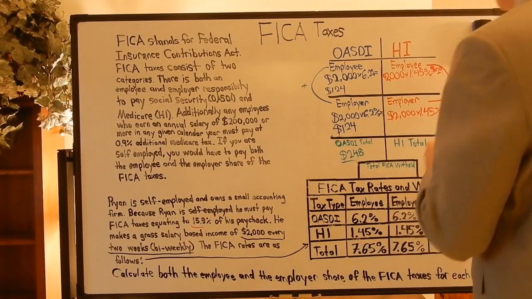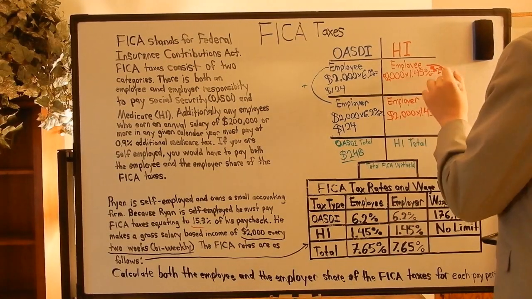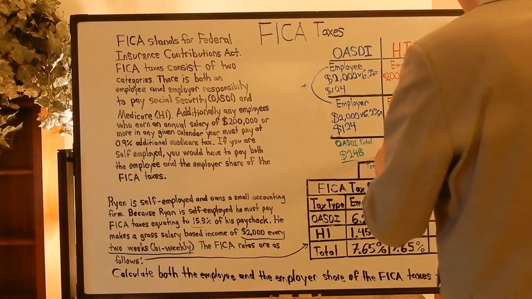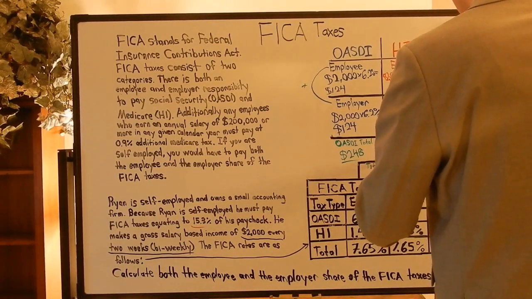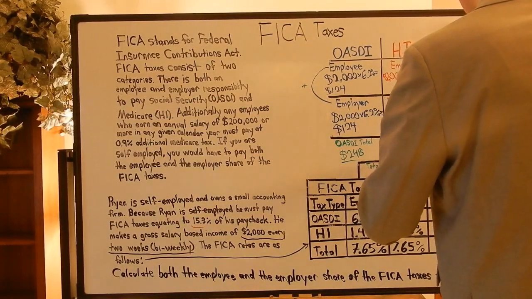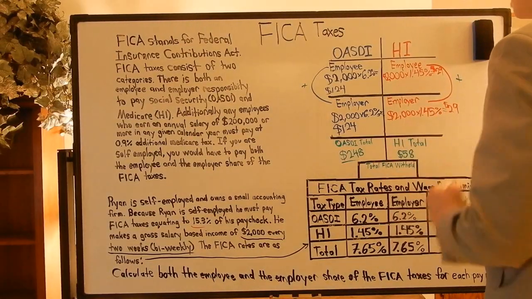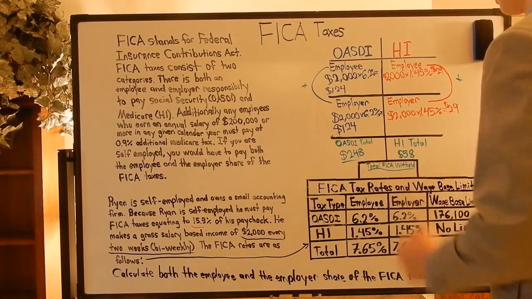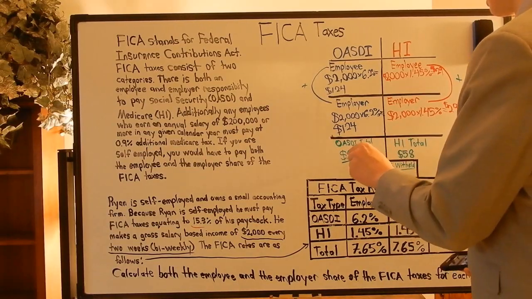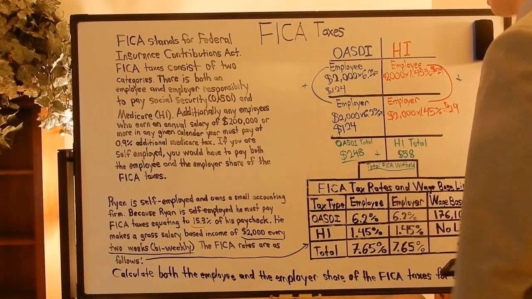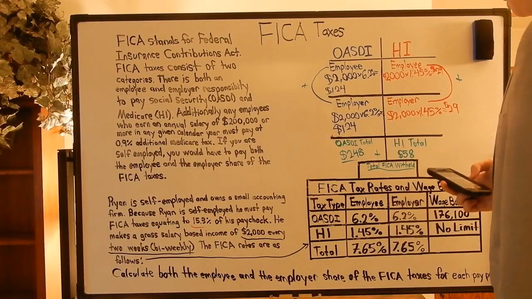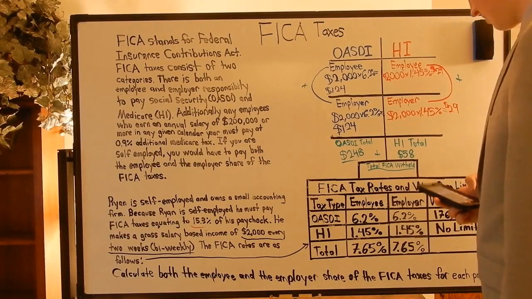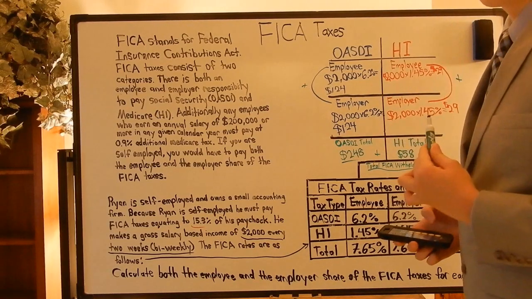And then for your HI total, you add 29 plus 29, and you will have an HI total of $58. Now, to figure out your total FICA withheld, you take 248 plus 58, and if you calculate that out, you will get $306.